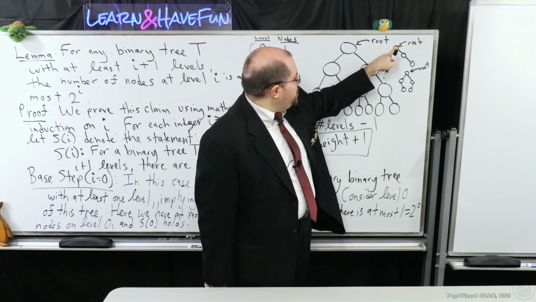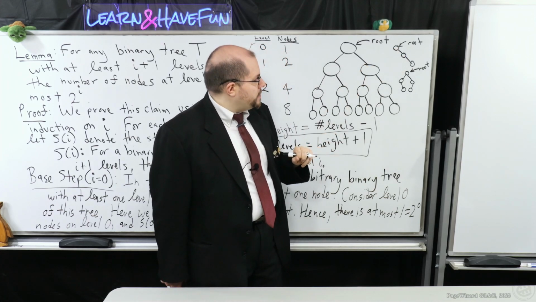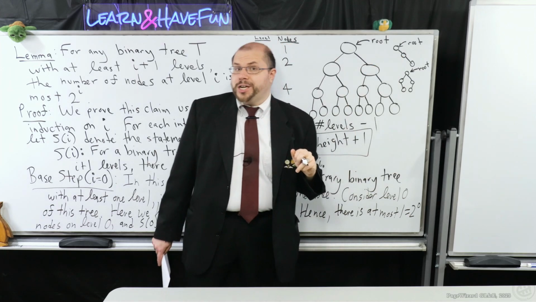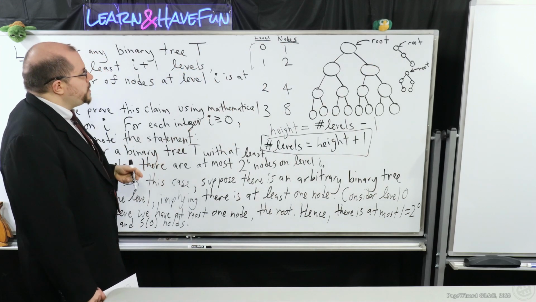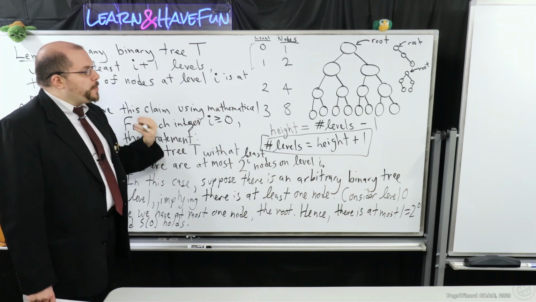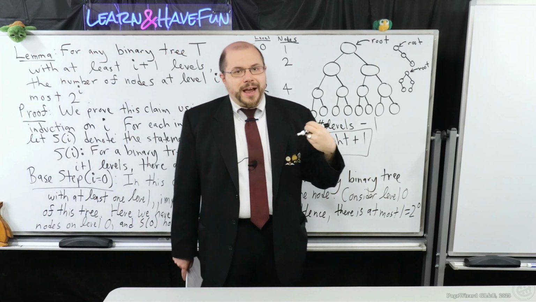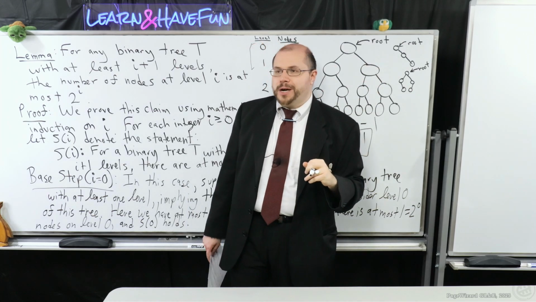For example, notice here I only have a right child in level 1 of that tree. Here I have 2, but here I most certainly only have one right child. I don't have a left child in that case. Notice I'm getting an upper bound here, but I need to formulate this argument carefully so that I do not exclude cases like these. It has to be true for an arbitrary binary tree.